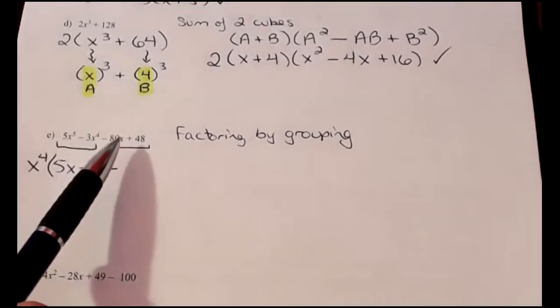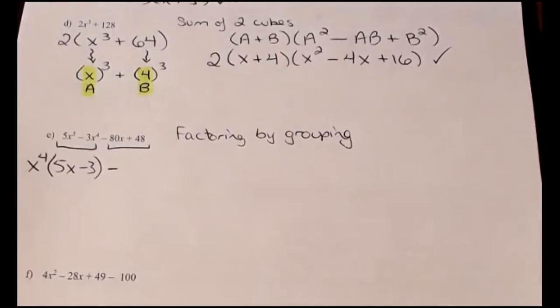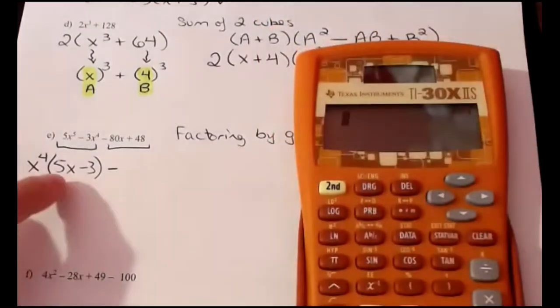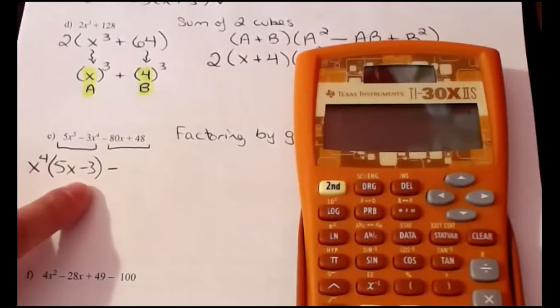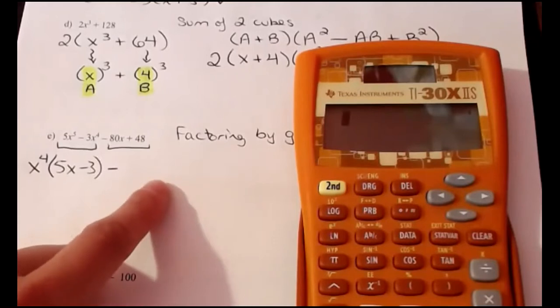When you look at 80x and then the 48, let me show you a trick. I'm going to show you a trick because I don't want you to sit wondering what your GCF is. Do you see how in this parentheses you were left with 5x minus 3? The other set of parentheses should also be a 5x minus 3.